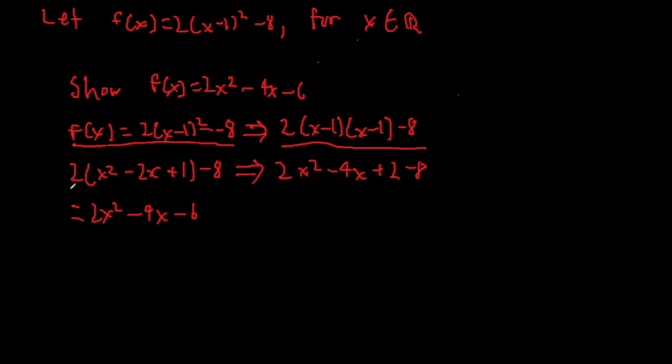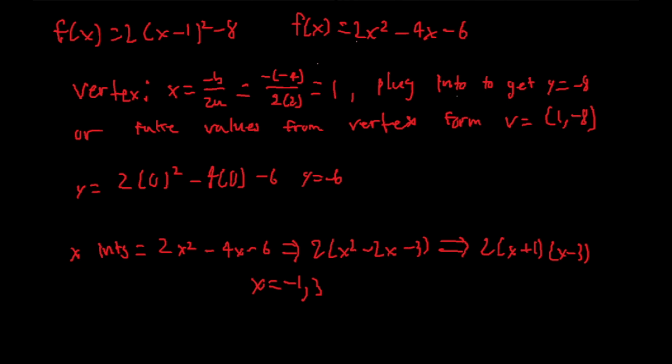And this will change into 2 times (x squared minus 2x plus 1) minus 8. Multiply everything by 2 in the parentheses, and you're almost done. You just have the plus 2 minus 8, which will of course be minus 6. So you have 2x squared minus 4x minus 6.